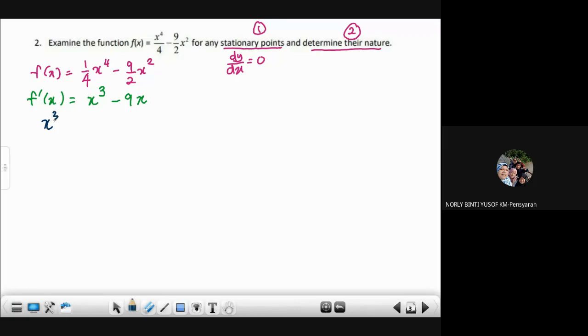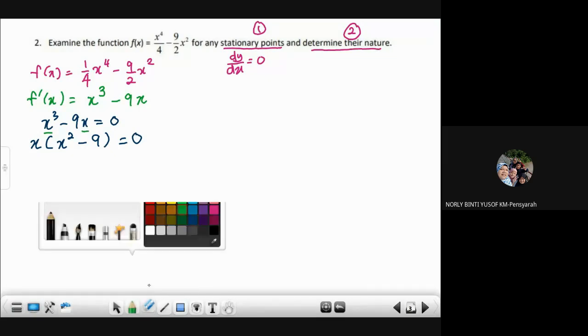Okay, and then you equate the first derivative to 0. That means x power of 3 minus 9x equals 0. Okay, this one you can take out x. The common factor x is there. So take out x. You'll be left with x power of 2 minus 9 equals 0. Because we see the same variable factor there, we factorize. Take out the term of x.